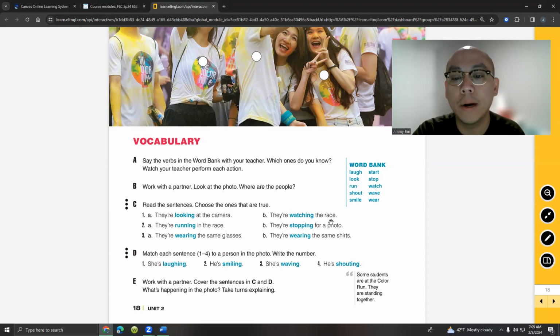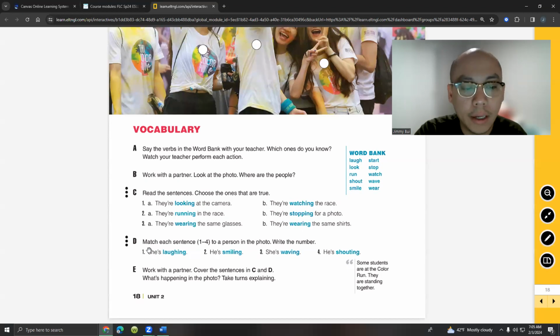They're watching the race. They're stopping for a photo. They're wearing the same shirts. Okay. And letter D, she's laughing. He's smiling. She's waving. He's shouting.